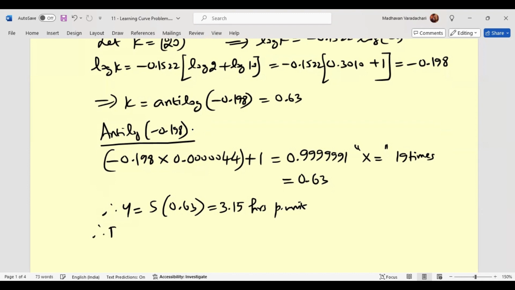Therefore, total time for 20 units is 20 into 3.15. Let me calculate that. 63 hours.